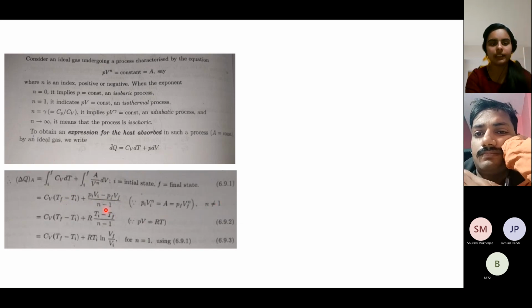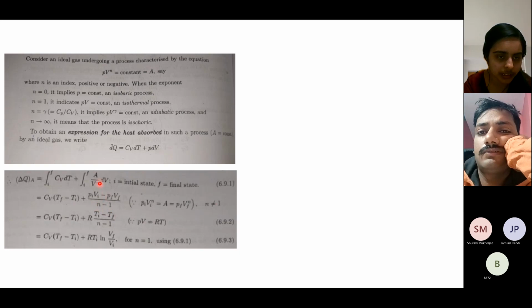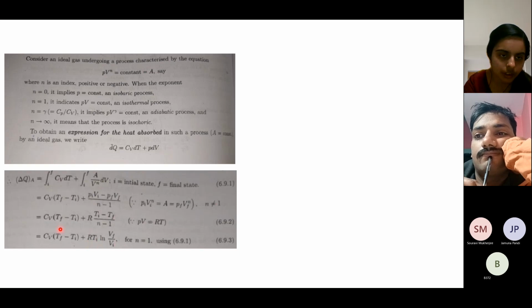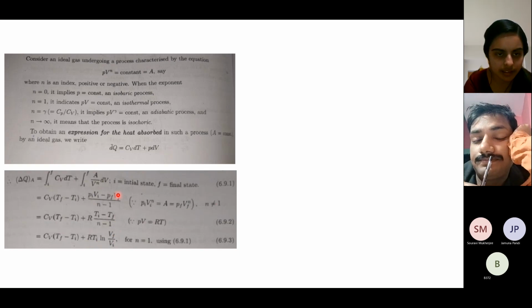What happens when n is equal to 1? In that case, we cannot do it this way. Here it will be A by V dV, so it will come out in logarithm, like RT ln Vf by Vi. These things are already done, so we already know how to get these expressions. Is this clear?